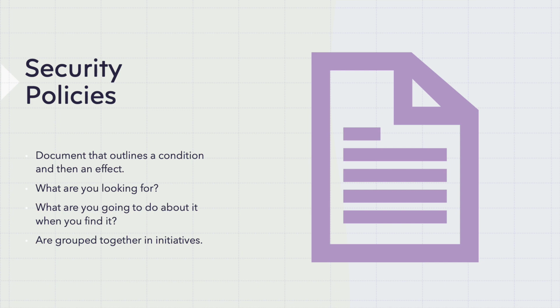Are you looking for a tag or a tag name or an IP address? And what are you going to do about it when you find it? So what action will be taken?